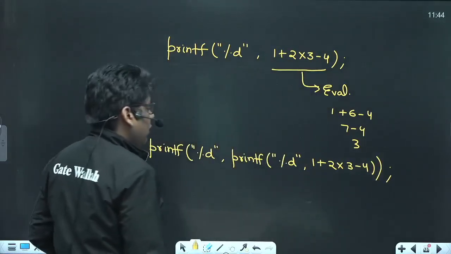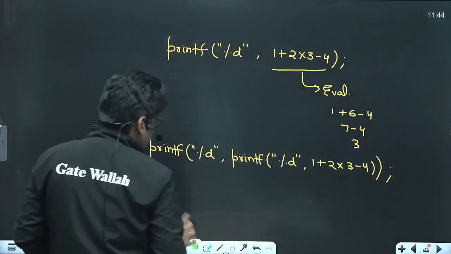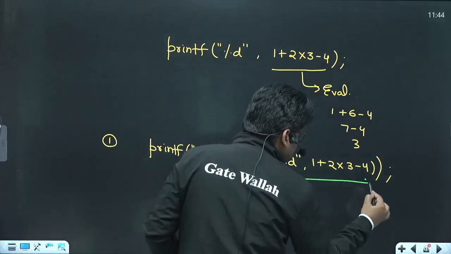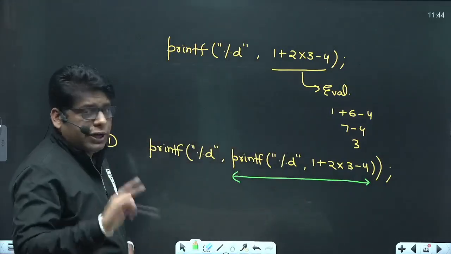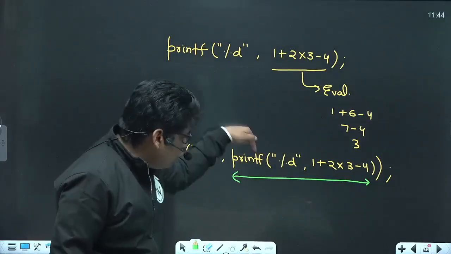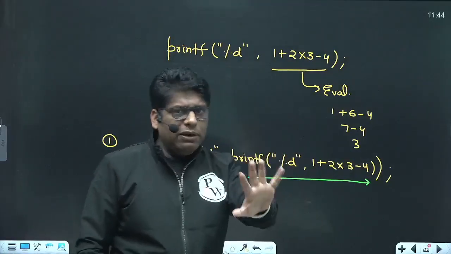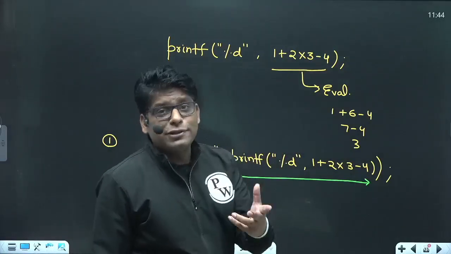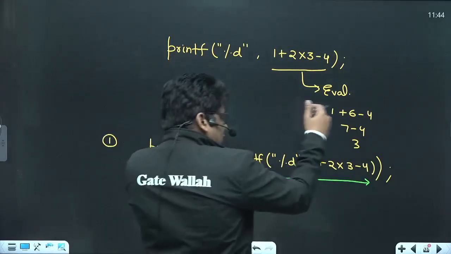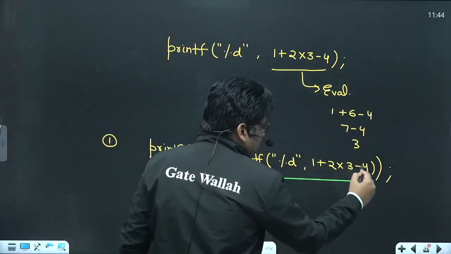Sir, how will it work? Forget everything else. For this percentage d, we wanted to print the integer value of this expression. So just like the previous question, first this expression would be evaluated. Am I right or not? Of course, yes. For the outer printf, first the inner printf needs to be evaluated, and for the inner printf, first this expression needs to be evaluated.